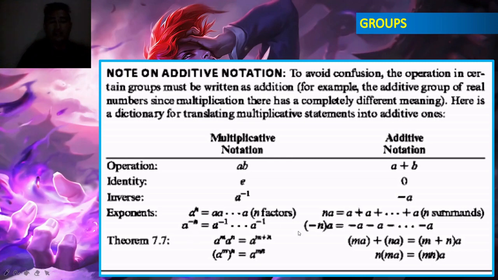And then, ang A to the negative n kay negative n times A, which is minus A, minus A, minus A. Then, ang Theorem 7.7, A to the m times A to the n, kani siya sa plus: m times A plus n times A, kay distributive property, m plus n times A. And then, ang raised exponent, multiply lang: n times mA is equal to mn times A.